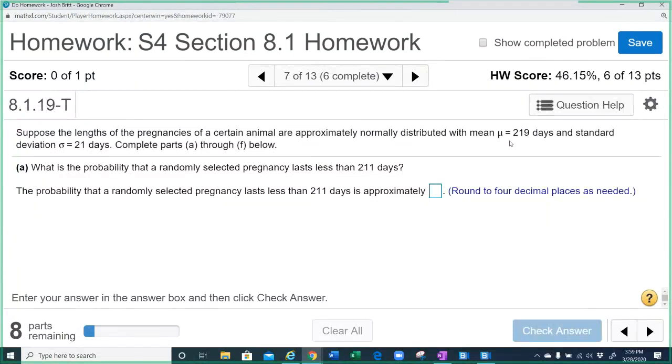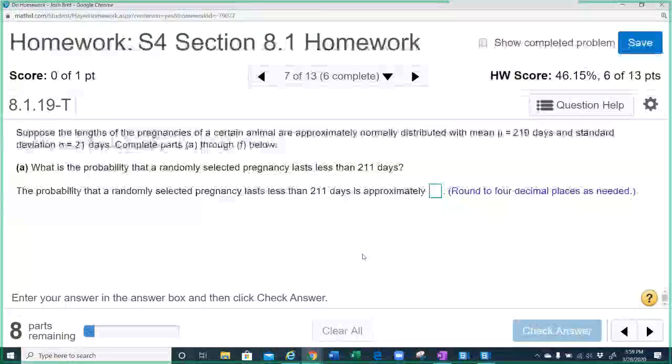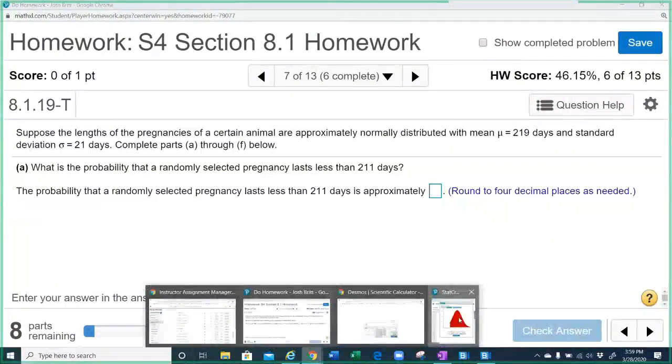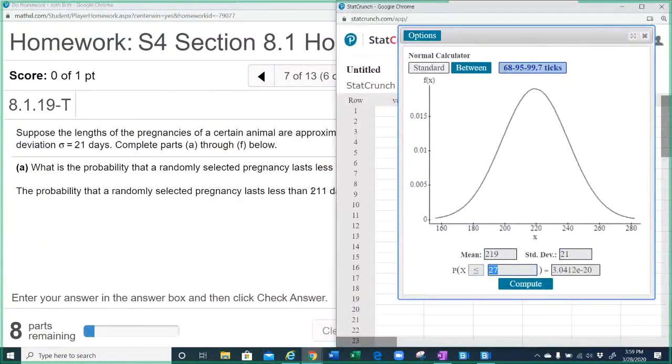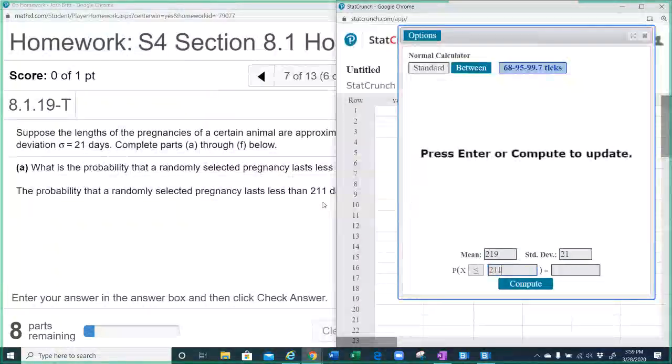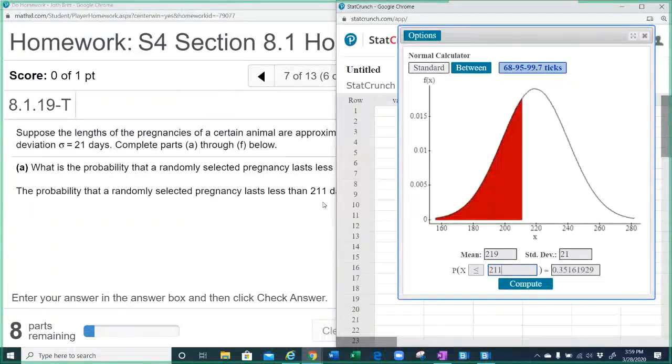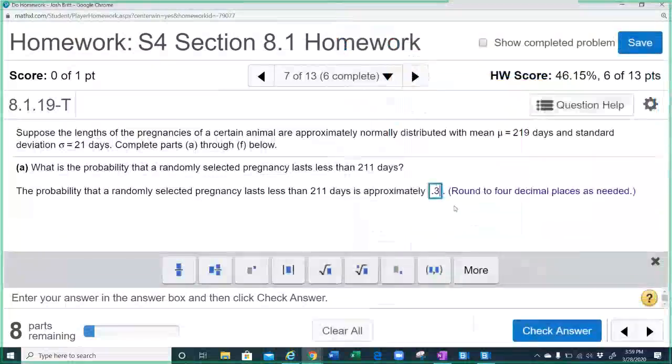So we got 219 and 21. So 219 is the mean, 21 standard deviation, and we want less than 211 days. That gives 0.3516.